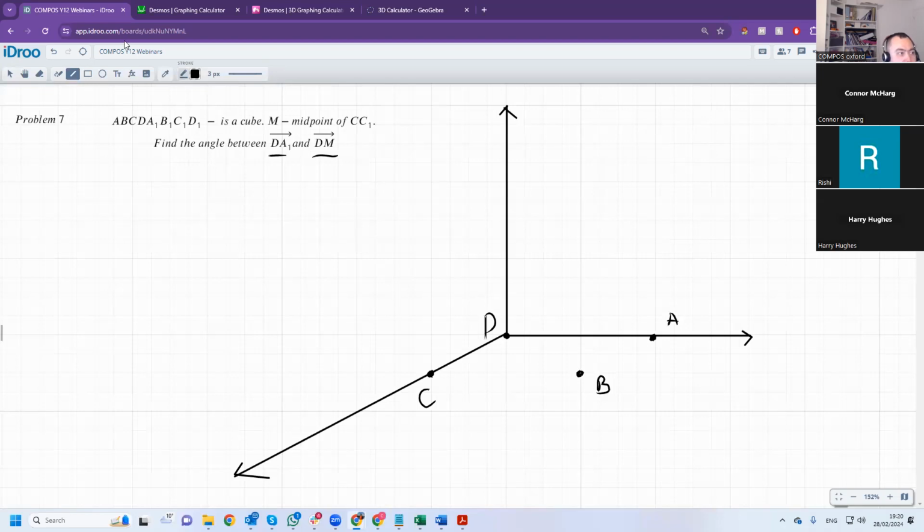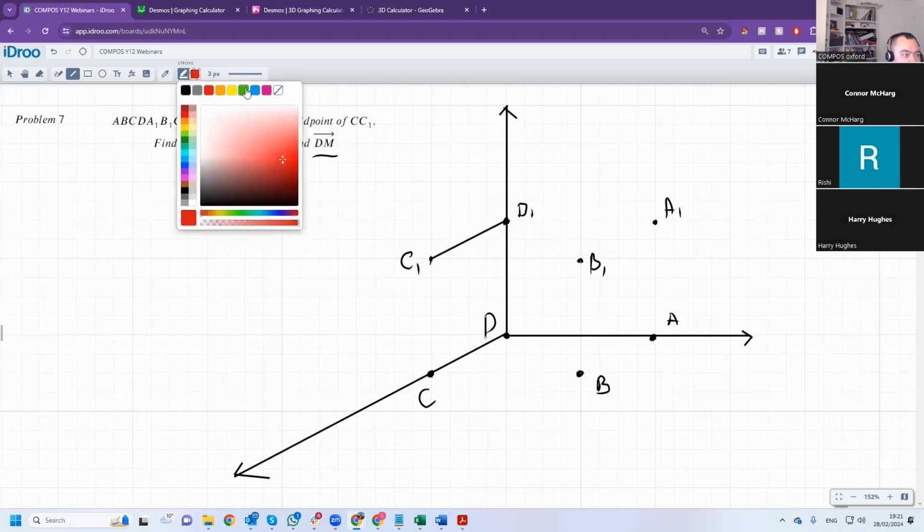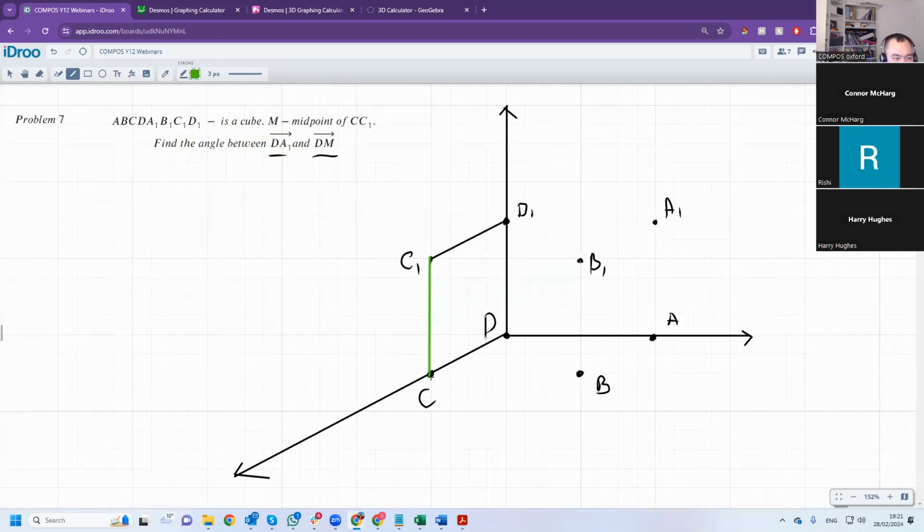And then if this is D1, this is A1, this is B1, and this is C1. All right, with some color.